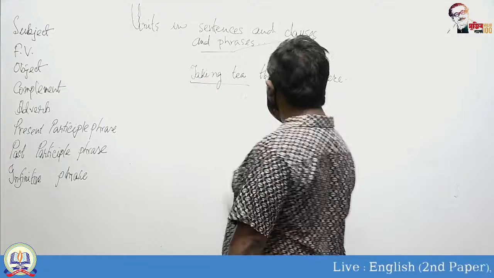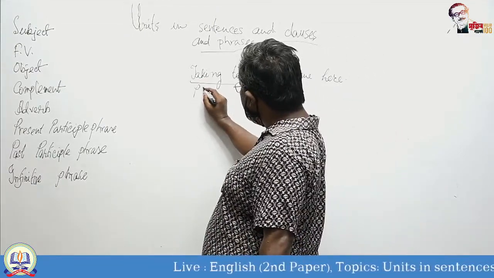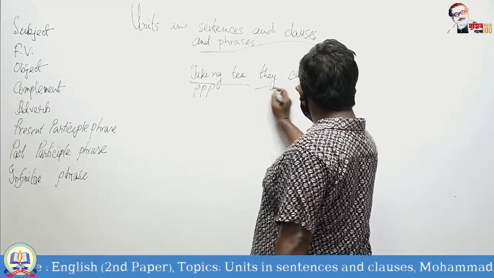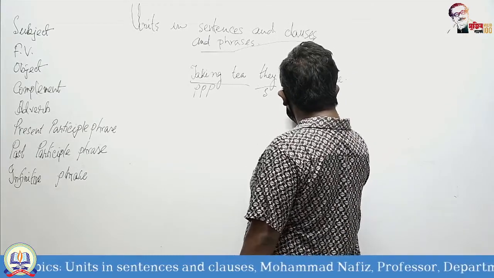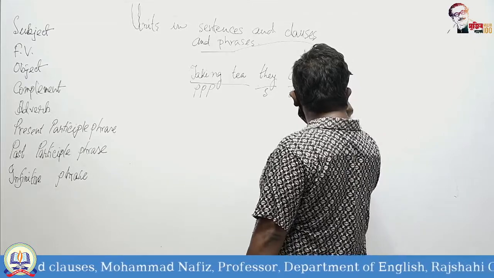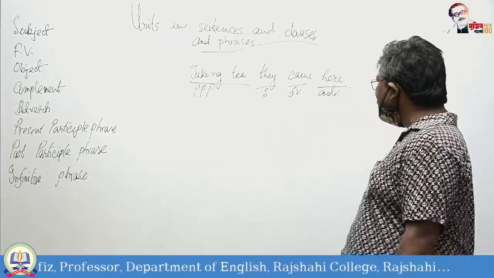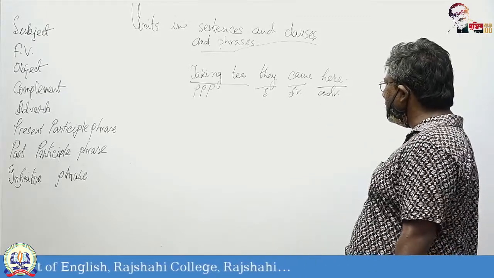This taking tea, making a unit, is a present participle phrase. They is the subject, came is the finite verb, and here is the adverb, as here is expressing the place where the finite verb takes place.